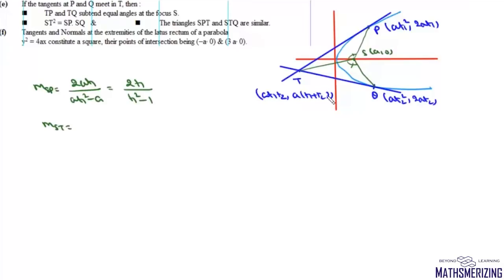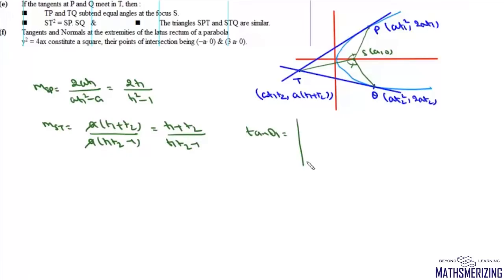ST will simply be a(t1+t2) upon a(t1t2 minus 1). So a again will cancel. We'll get (t1+t2) upon (t1t2 minus 1). Now we'll find this angle, say tan theta 1.